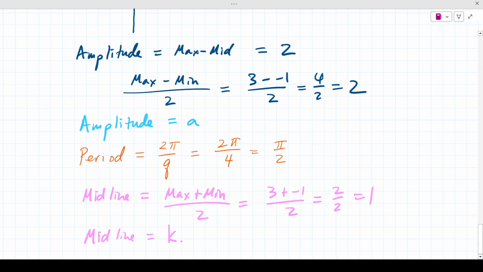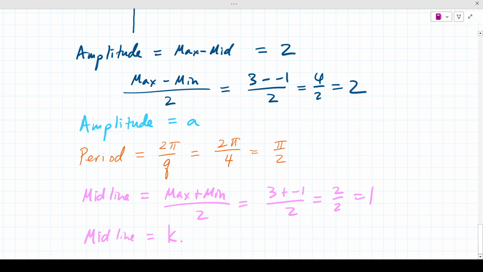In that sense, sinusoidal functions are kind of nice because we can use A, Q, and K to read off a lot of information just directly from the function if you have the function. Or if you have a graph, you can pick out the information you need and you'll know what A, Q, and K are.